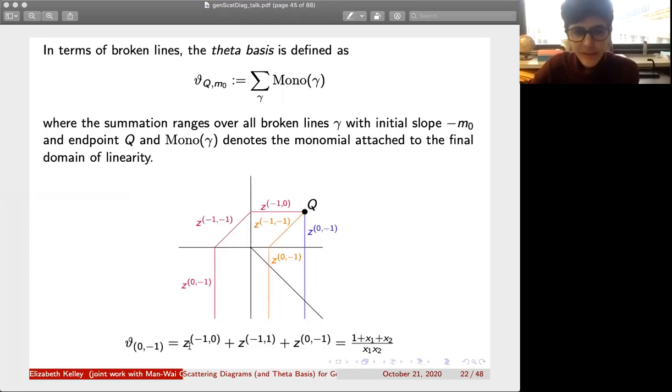And then in this definition, you can see that I summed over these last three monomials. And if you have any familiarity with how cluster algebras of type A2 look, you can convert this back in terms of x1 and x2, and you can look at it and nod to yourself and say, yes, indeed, that's a cluster variable.